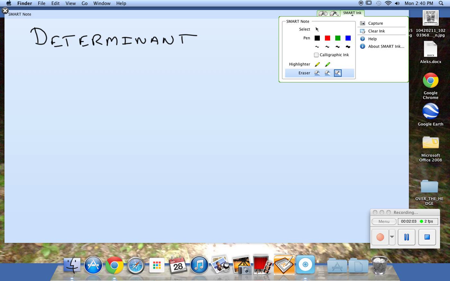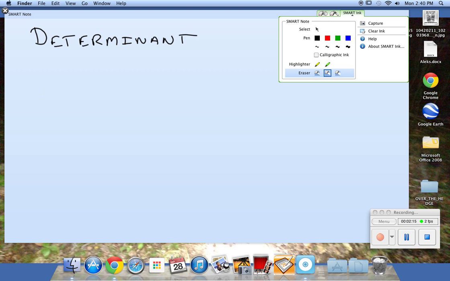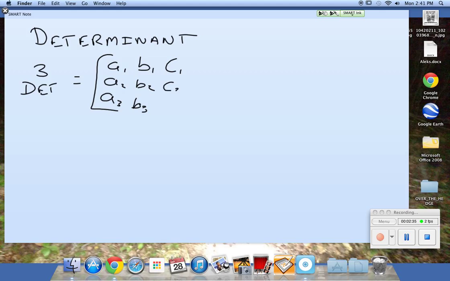Now there's the 3 determinant. And this is of a 3 by 3 matrix: A1, A2, A3, B1, B2, B3, C1, C2, C3.